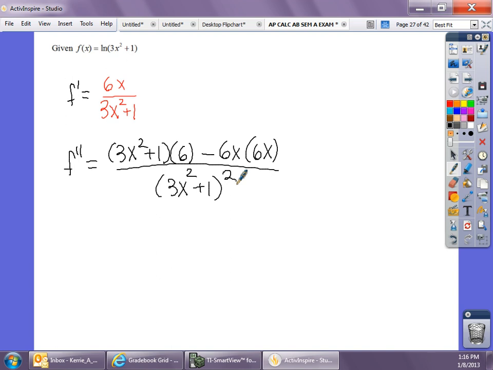Now I'm going to look for this at 1.2. So I'm finding f double prime at 1.2 because I want to see if, at x equal to 1.2, we're concave up or concave down.